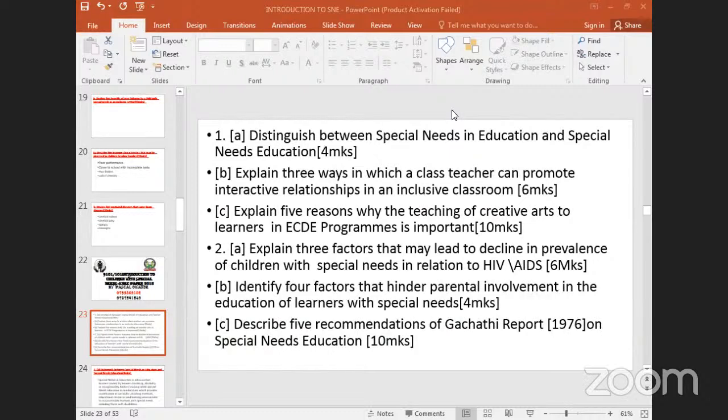Failure to accept the disability or the special need in the child by the parent. That can also be led by a negative attitude of the parents towards learners with special needs.